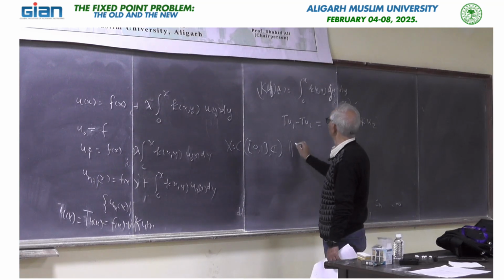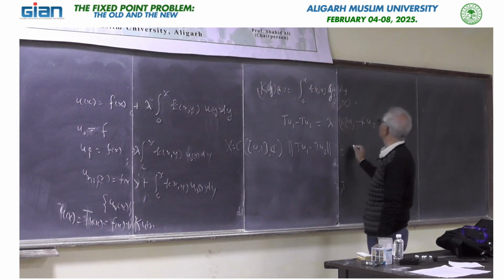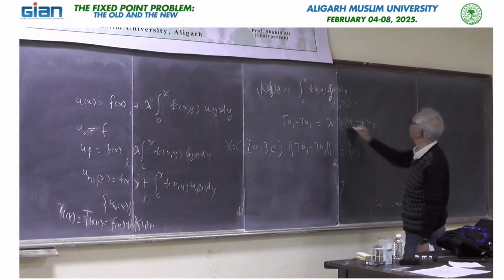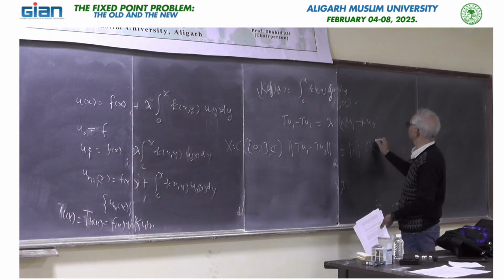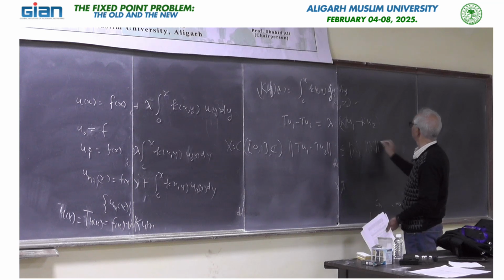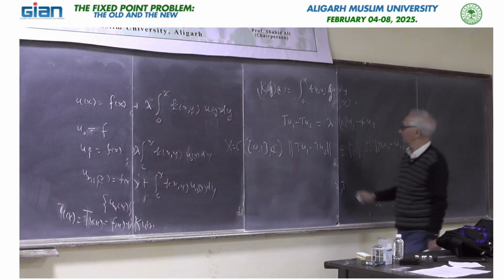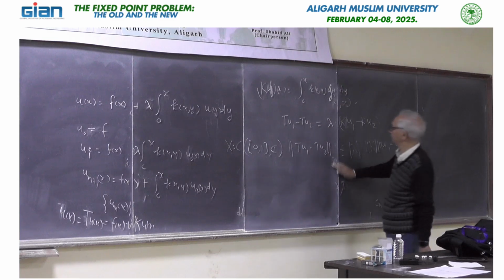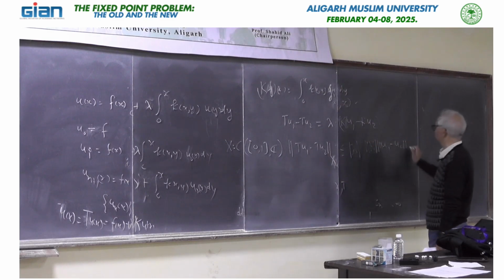If you take the norm, this is less than or equal to mod lambda times the norm of K times the norm of u1 minus u2. These are all L2 norms, or maybe C norms, whichever space X we take.